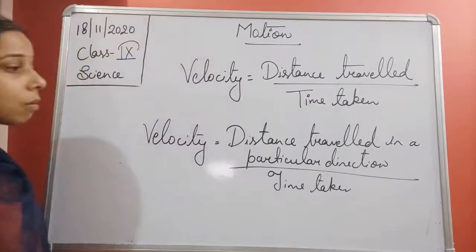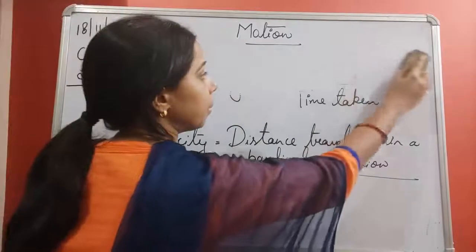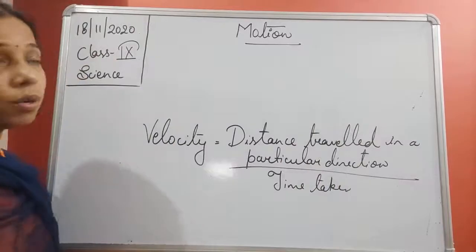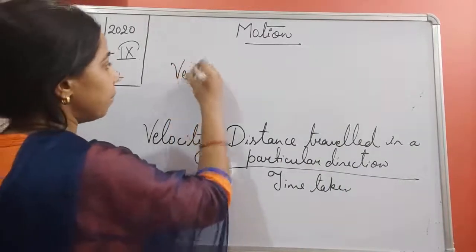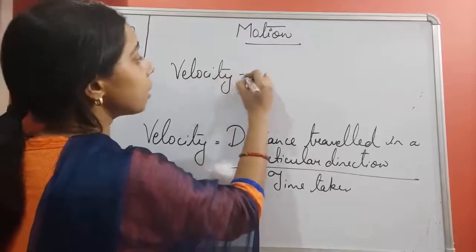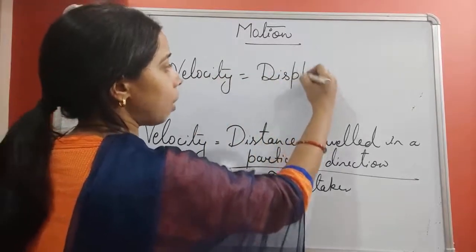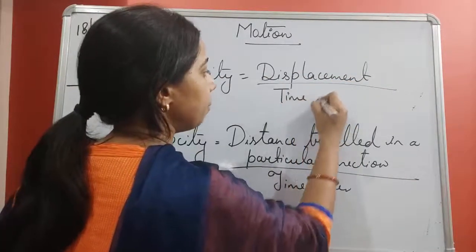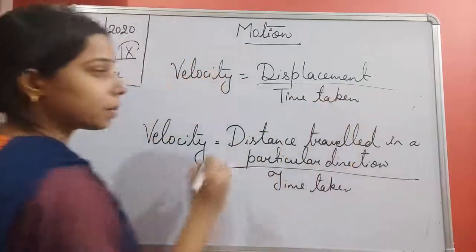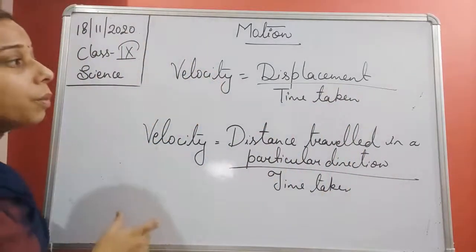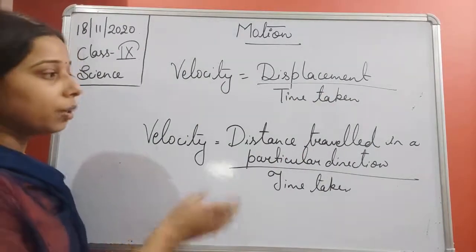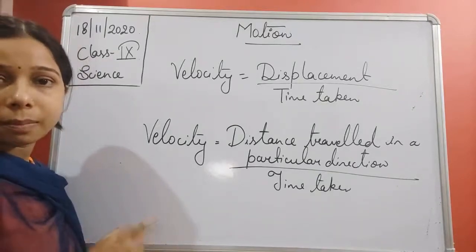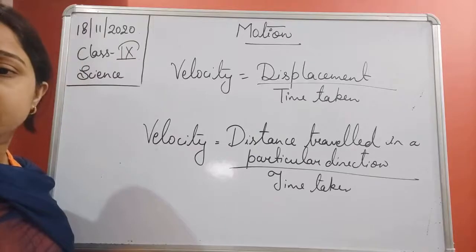So in place of writing distance traveled in a particular direction, we can write: velocity is equal to displacement upon time taken by the object. Displacement upon time taken defines the velocity of an object. So either you can say the distance traveled in a particular direction, or you can write the displacement upon the time taken.